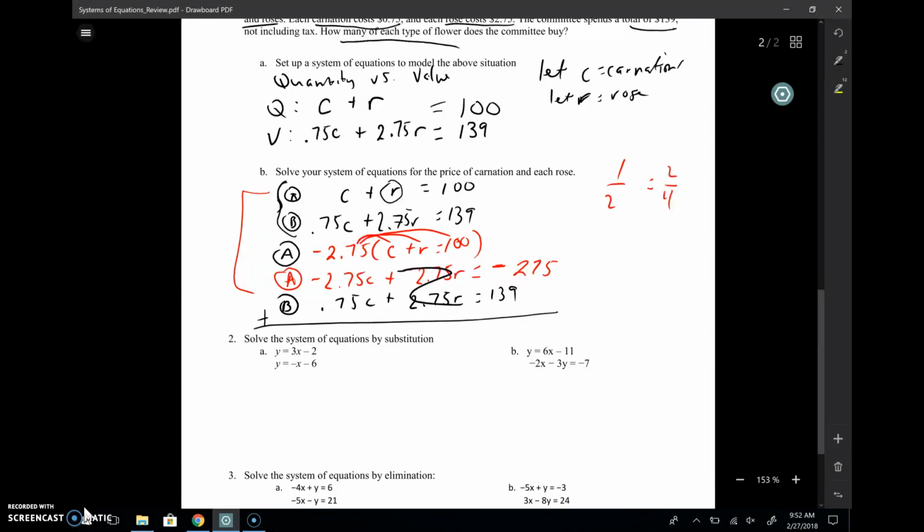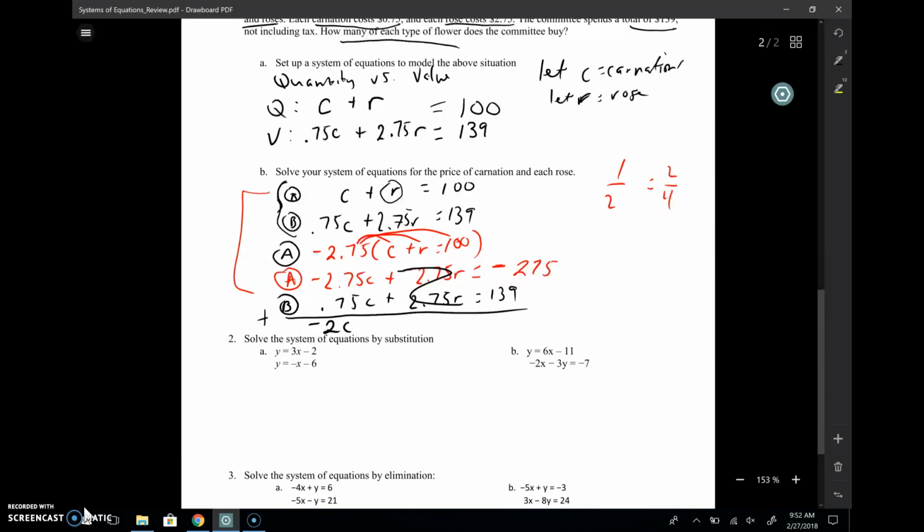And negative 2.75R plus positive 2.75R, think in terms of money. It is actually money. If I have a negative $2.75 and I add 75 cents, that's a positive, all I have left is negative $2C. Or, in this case, we can just simply write negative 2C.